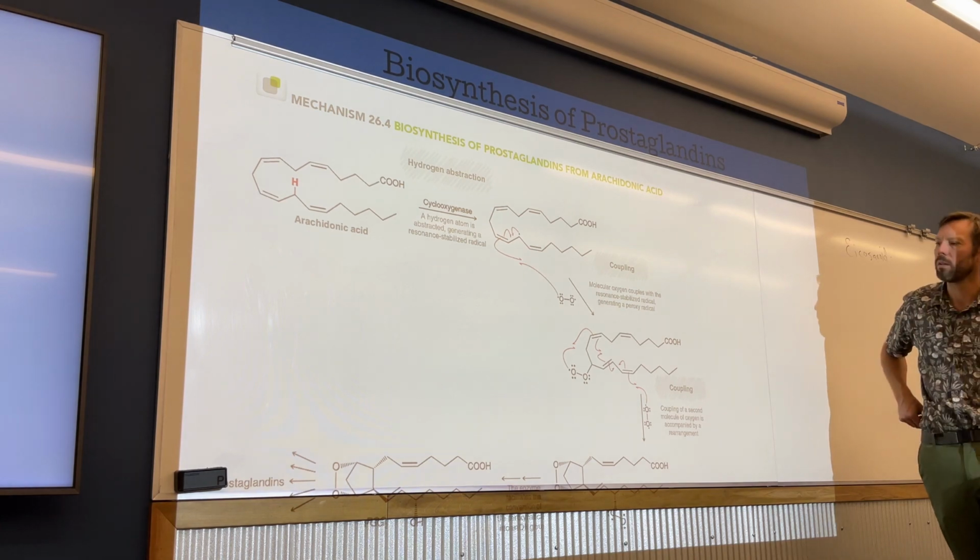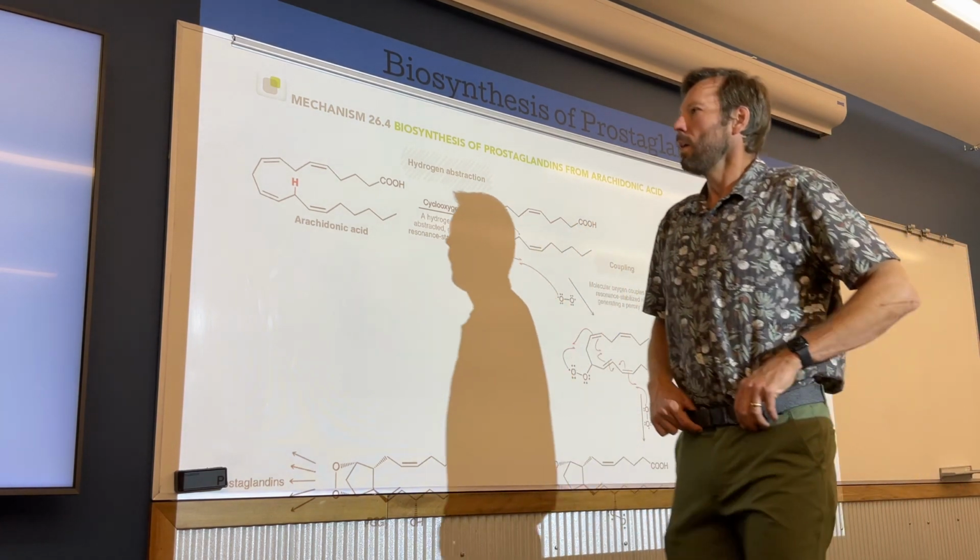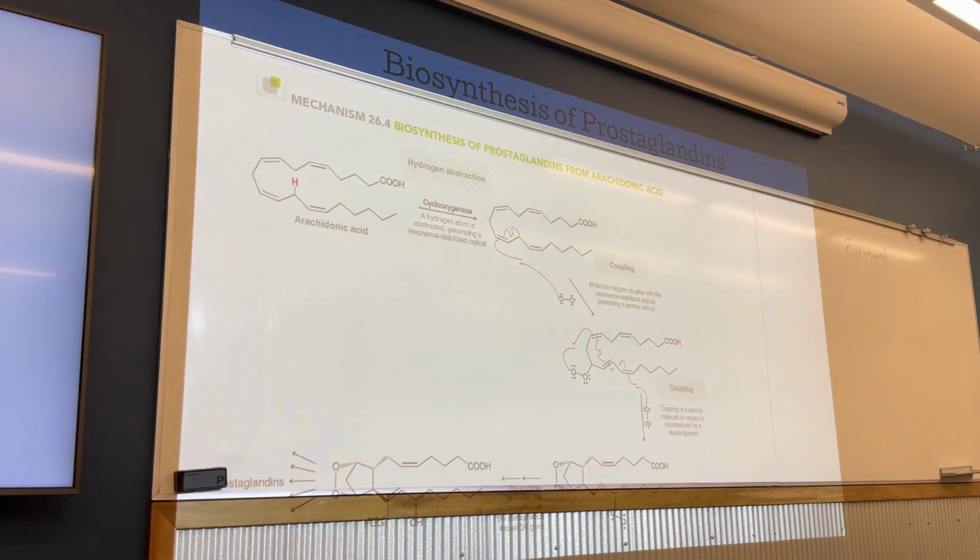All right, so this is how we synthesize them. And so prostaglandin is actually made from something called arachidonic acid. And arachidonic acid is an eicosanoid, so it's a lipid.